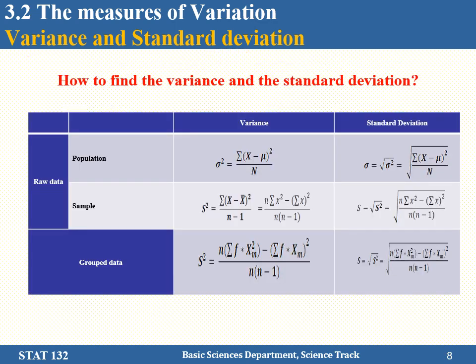Now, calculating the variance and the standard deviation requires lots of calculation because you are looking at the distances, squares, and taking the average, then taking the square root again. Now here you see a list of the formulas for the variance. If we have raw data and it's a population, then we calculate it this way.